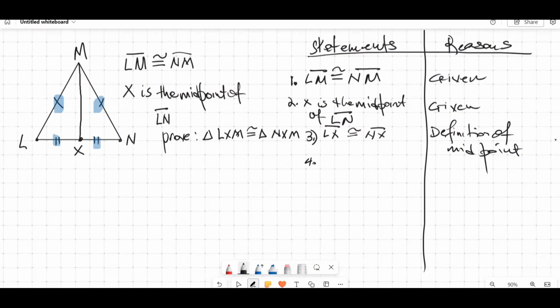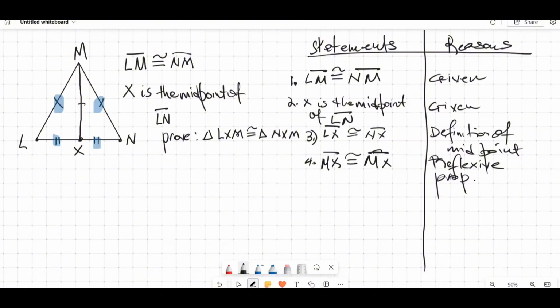So I could state that MX is congruent to MX, and this would be based on the reflexive property of equality.